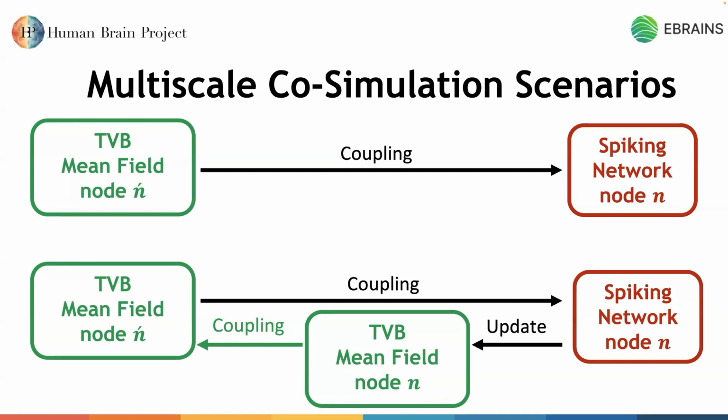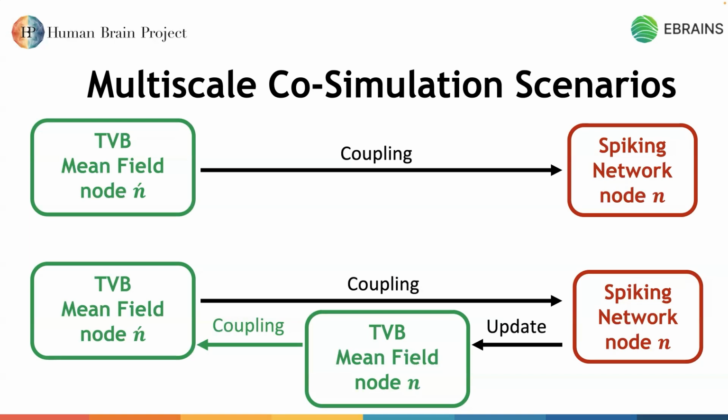So we can think of a scenario where, for instance, we want to place a system within the context of the whole brain, for instance a neural system for visual perception or for memory construction or whatever.